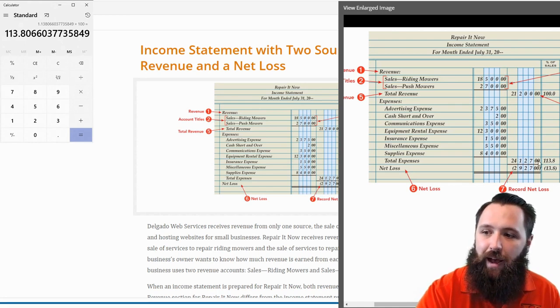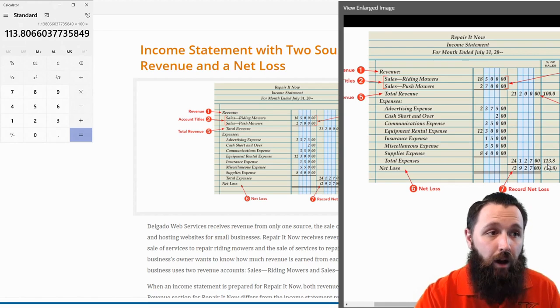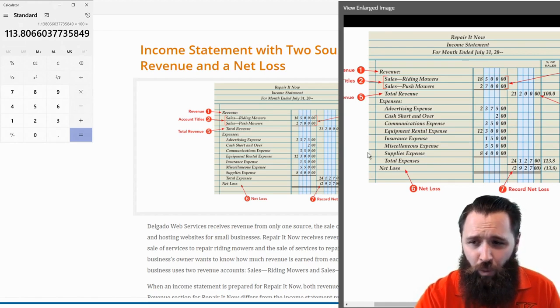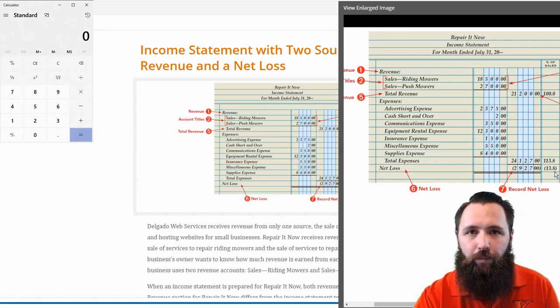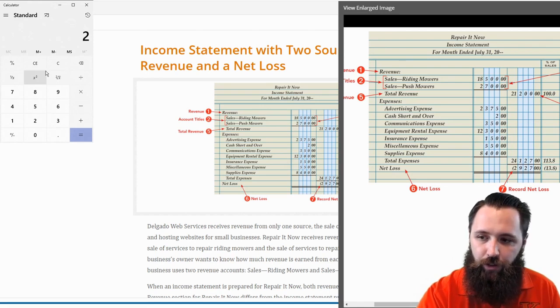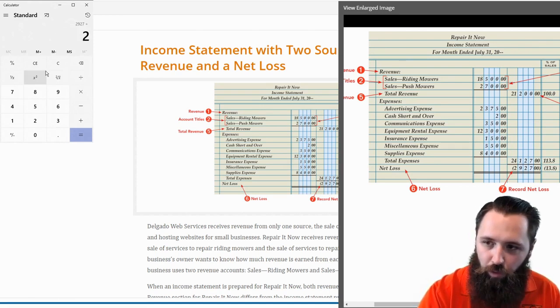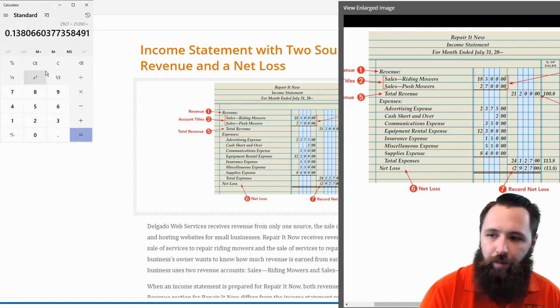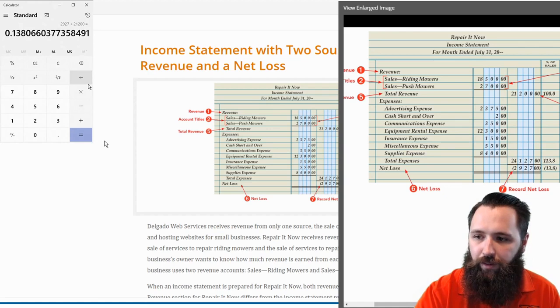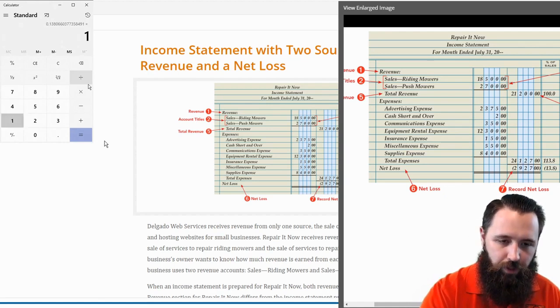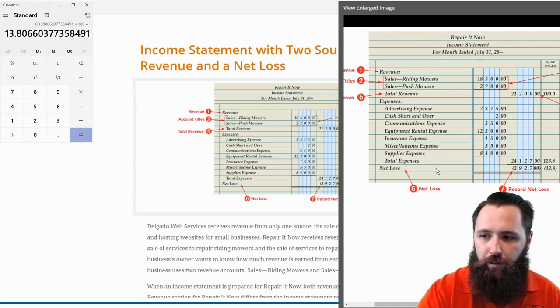Now, this is a positive number because it's 113.8% above our sales. When it comes to net loss, this is going to be a negative number, okay? So we're going to need to put this in parentheses, but we really do it the same way. 2927 divided by 21,200, and we get 0.138. We times it by 100, and it's 13.8.